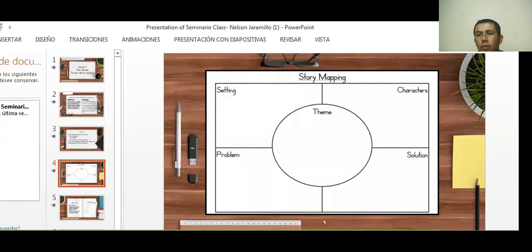We have to define what sets events in motion. What problem arose or what were the key players after?